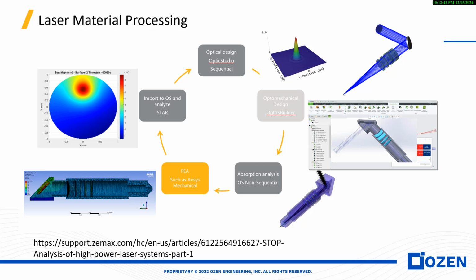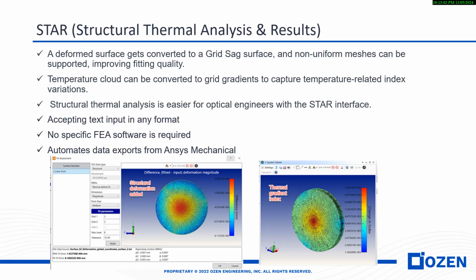The STAR module in Zemax can also import FEA data from other software. The only important thing here is a notepad file which includes the structural deformation and thermal deformation. As you see, the STAR module is structural thermal analysis and results.